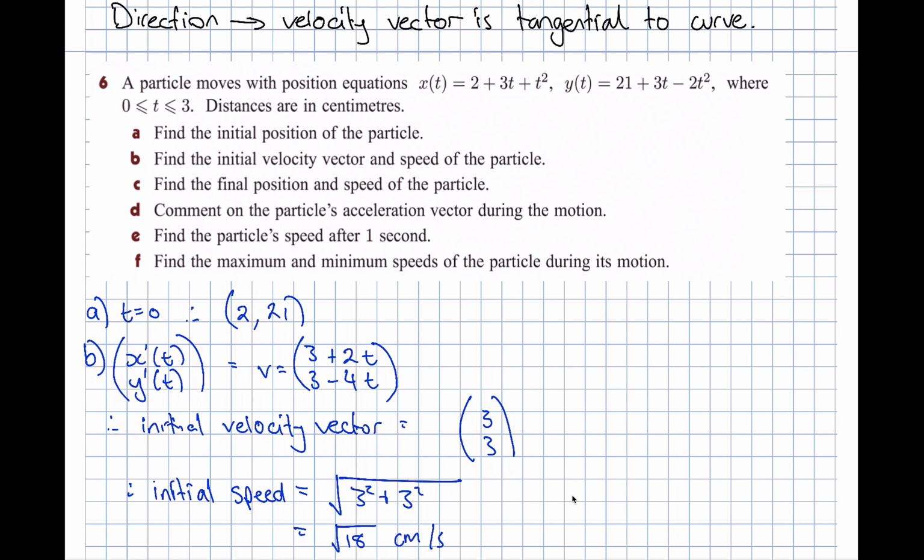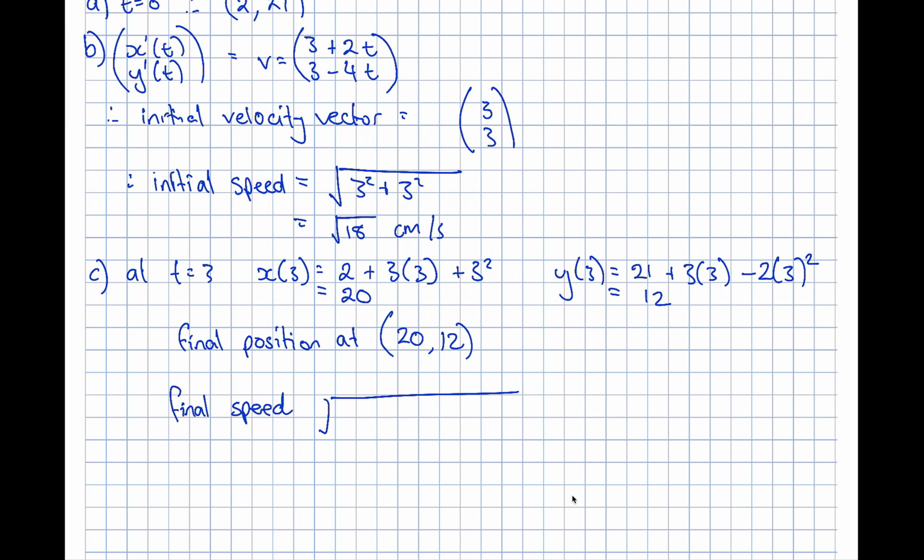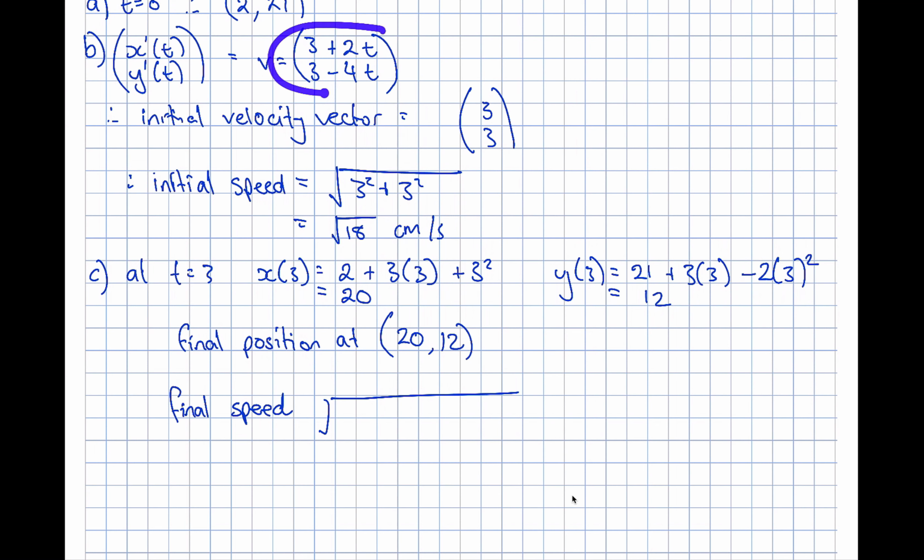The final speed is going to be equal to the square root. What we need to do is go back to our velocity vector here and say, well, at time equals 3, we're going to have 3 plus 2 lots of 3. It's the x part, so we'll just square that, plus 3 take 4 lots of 3 squared.